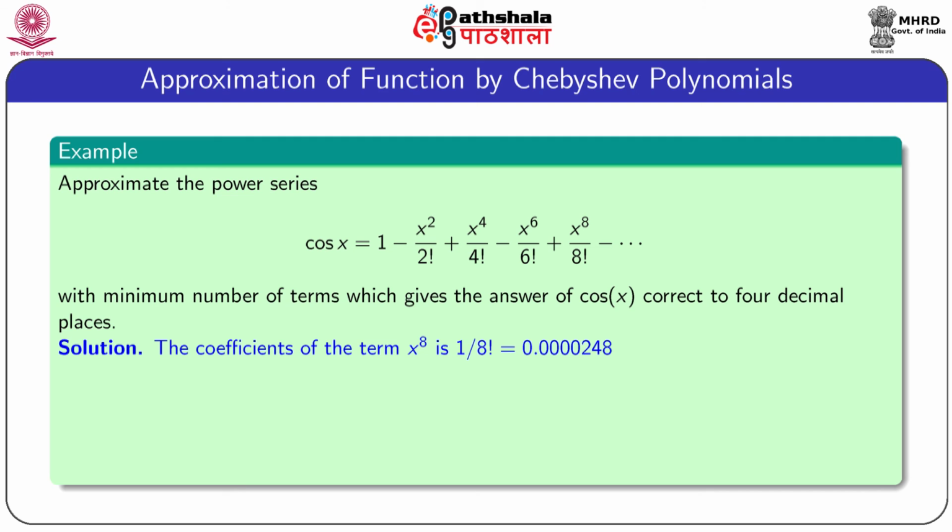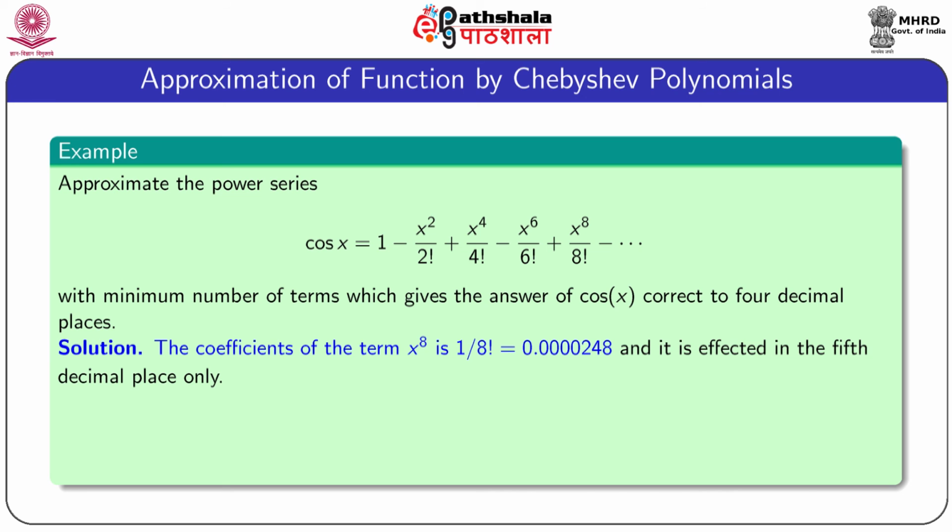Note that the coefficient of the term x to the power 8 is 1 by factorial 8, which is equal to 0.0000248, and note that it is affected in the 5th decimal place only, because the first 4 digits are zeros.